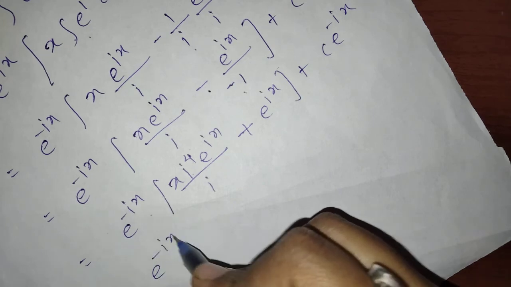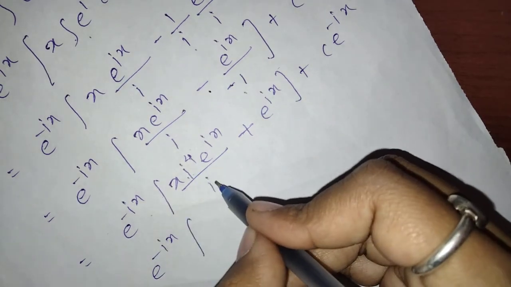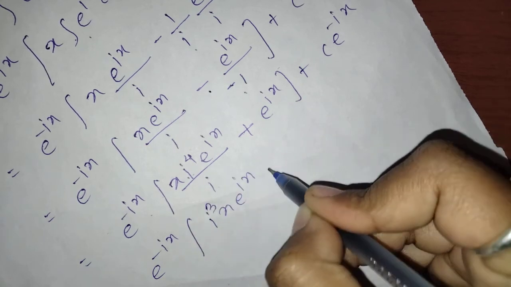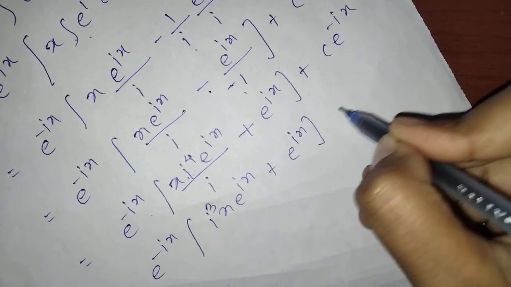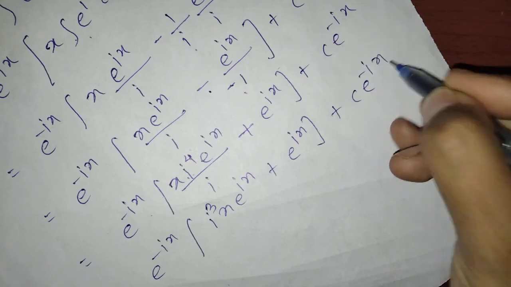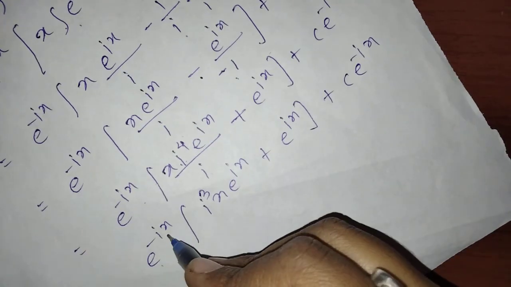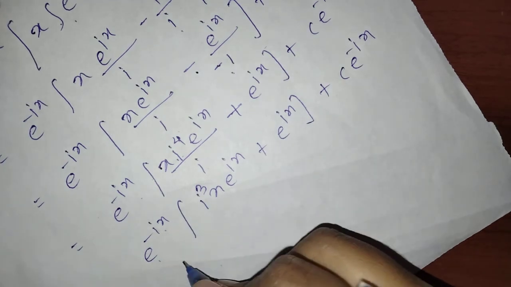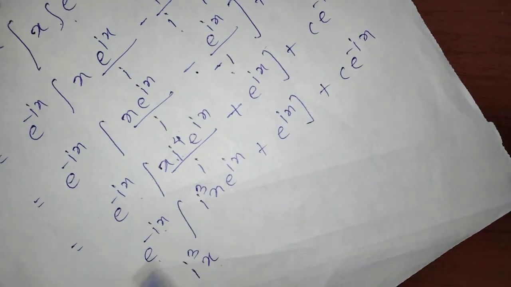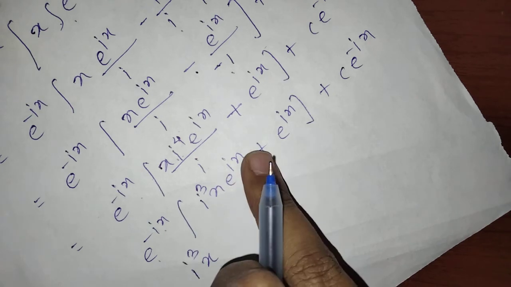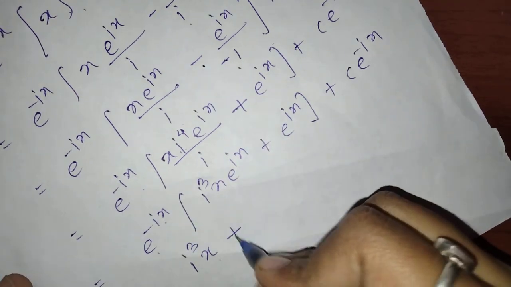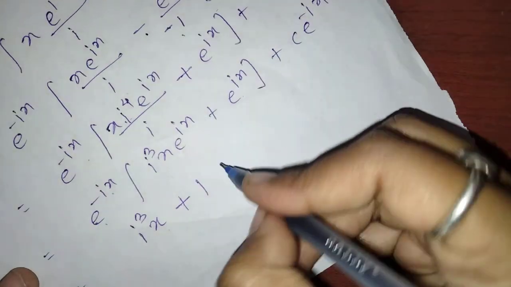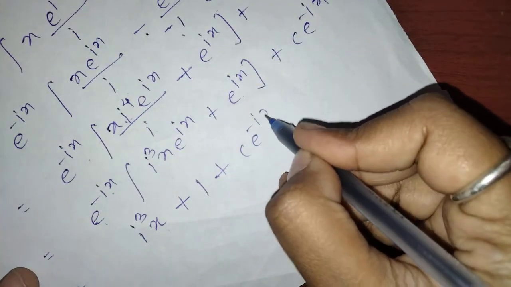Now i raised to 4 upon i means i cube, x e raised to ix plus e raised to ix plus c into e raised to minus ix. Multiplying e raised to minus ix into this bracket, we get i cube x, where e raised to minus ix and e raised to ix get cancelled, plus e raised to minus ix into e raised to ix which is 1, plus c into e raised to minus ix.